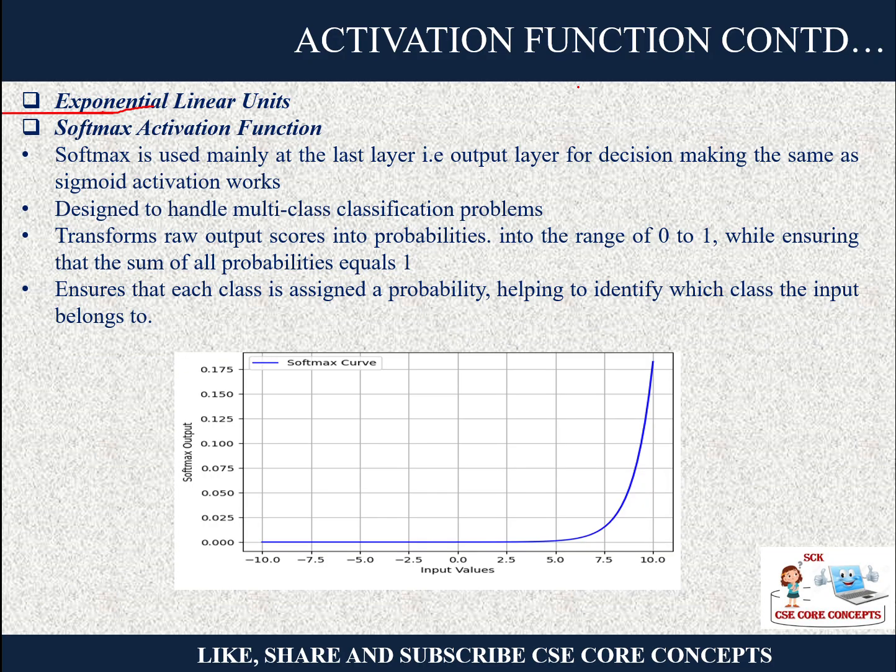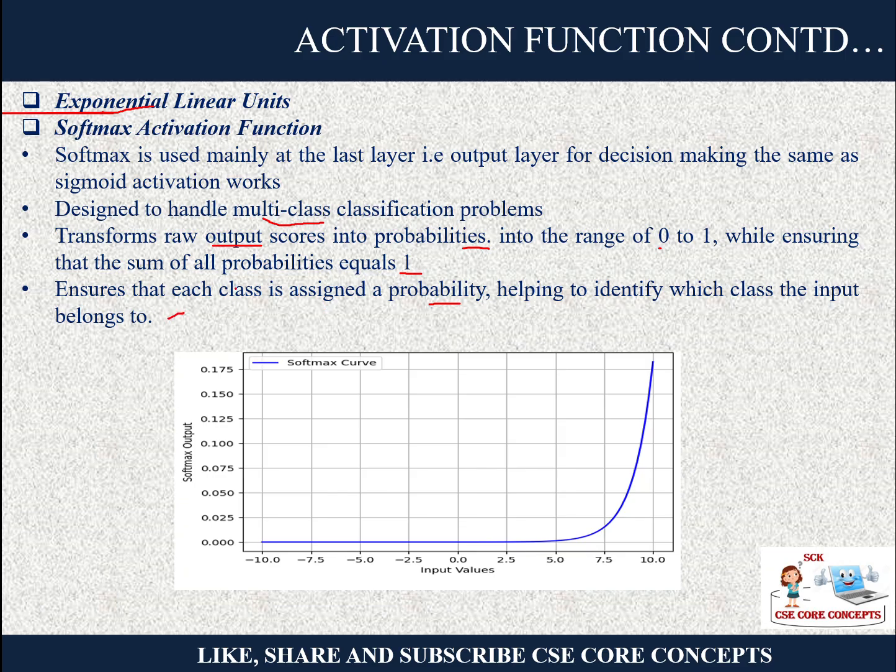Softmax is mainly used at the last layer, the output layer. It is designed to handle the multi-class classification problem. It converts the raw output into probabilities ranging between 0 and 1, ensuring that the sum of all the probabilities is 1. So each class is assigned a probability, helping to identify which class it belongs to.